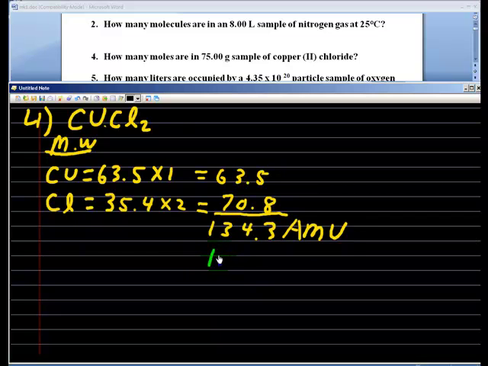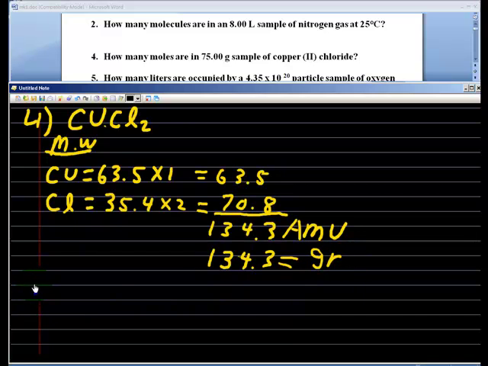If I took a mole worth of this molecule, if I counted out 6.02 times 10 to the 23rd of these, that many of these would weigh 134.3 grams, which is 1 mole.